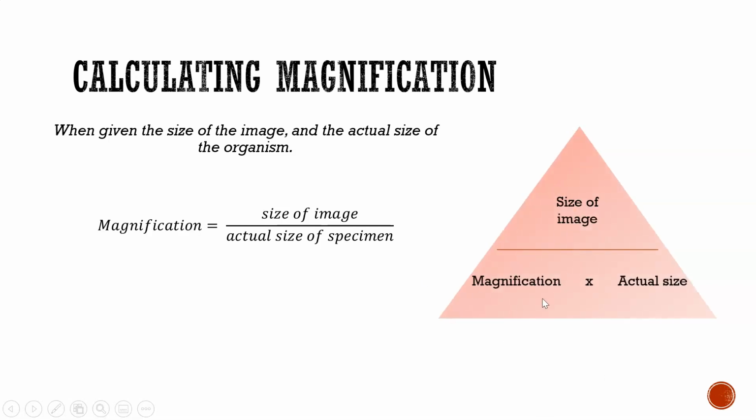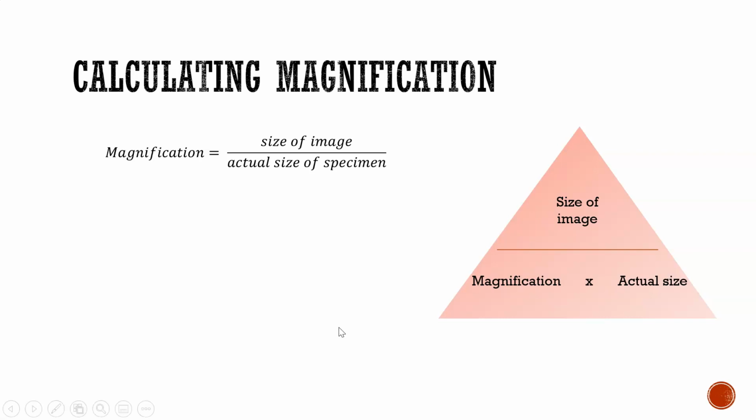So we've got our magnification, our size of the image, and our actual size of the specimen. If we wanted to find our magnification, we divide the size of the image by the actual size. If we wanted to find the actual size, we'd divide the size of the image by the magnification. So this is our divide line. If we wanted to find the size of the image, we'd do the magnification times the actual size.